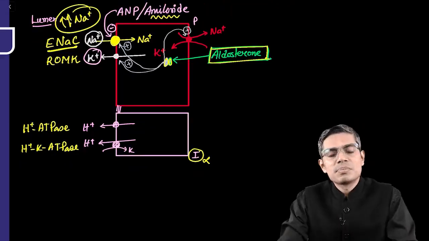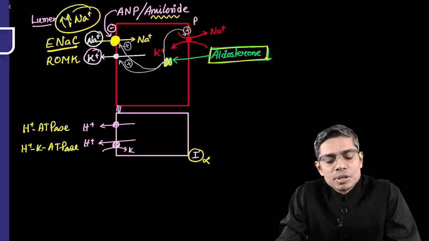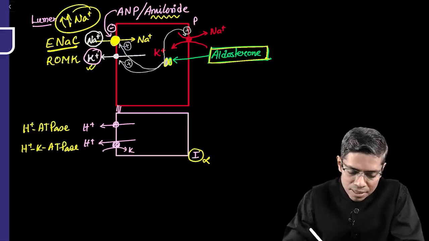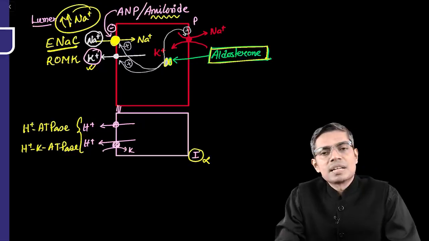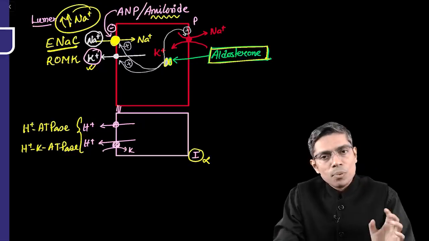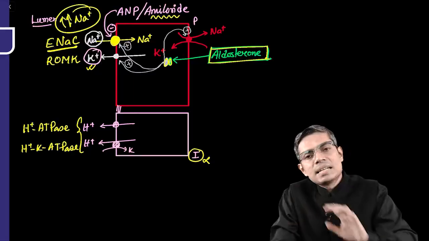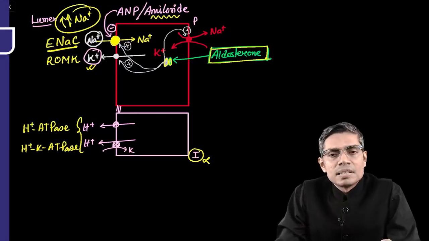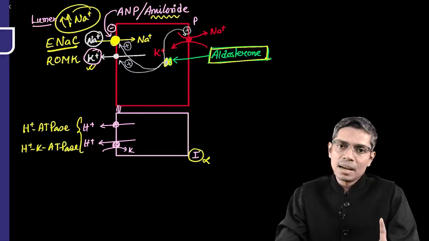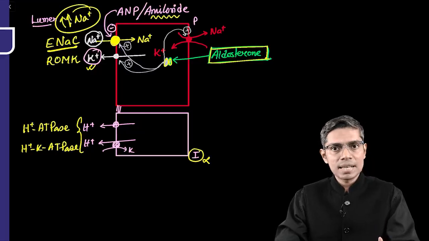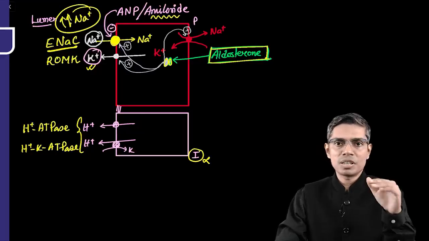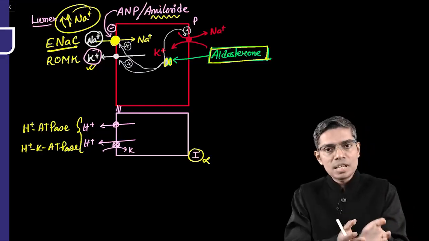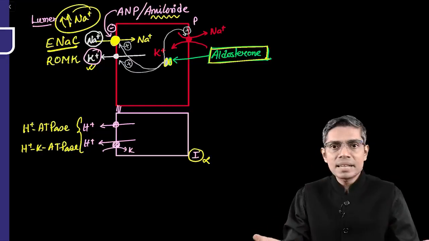More sodium reabsorption means who will be secreted in your urine? Either your potassium or your H plus ion will be secreted. That's why I told you, more sodium in the collecting duct means hypokalemia is going to happen. That's why thiazide diuretics can also produce hypokalemia, because thiazide prevents sodium reabsorption from the DCT, but sodium will be more in the collecting duct, and the collecting duct is normal.